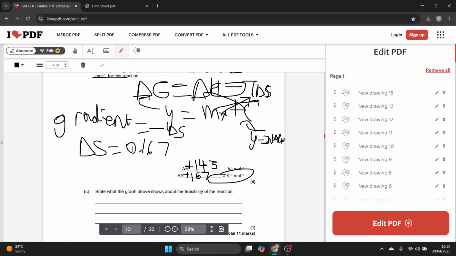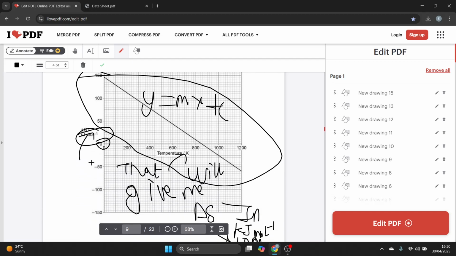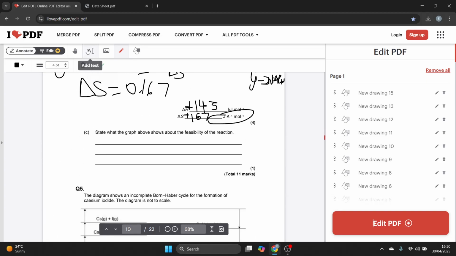Part C, state what the graph shows about the feasibility of the reaction. So a lot on this graph, but feasibility is when delta G is 0 or negative. So that's when it's feasible. That's when it's not feasible. So above the temperature 800 and something, the reaction is feasible. Below the temperature, the reaction is not feasible. That's what you have to say.